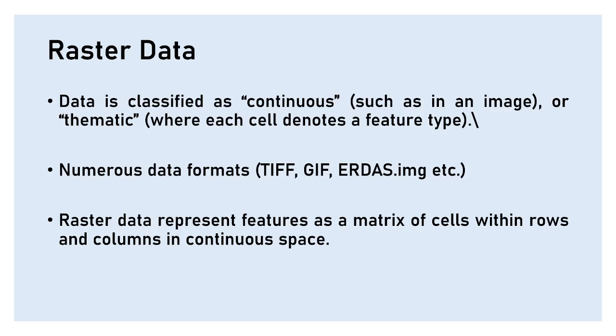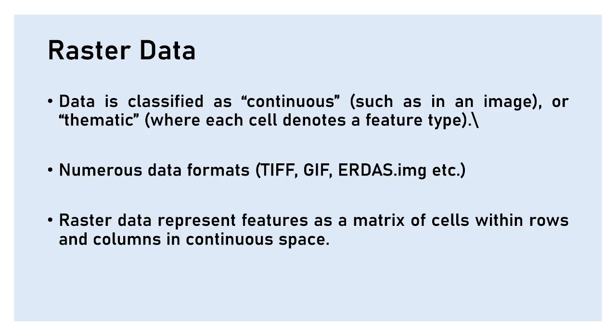Like in the land use, land cover maps that you generate, that is based on a vegetation set. Vegetation we consider as one class. Then we have the water body as another class. Then we have the soil as another. So such features are distinguished basically in the thematic data set.